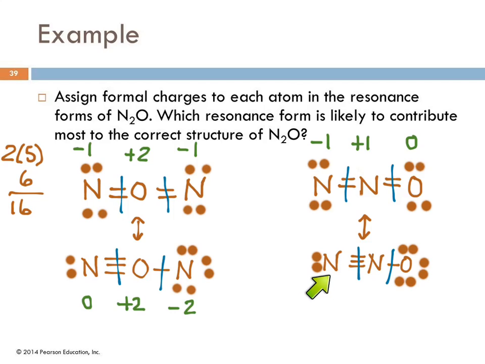Nitrogen had 5. How many does it have in this? It's got 5. So its formal charge is 0. 5 minus 5 is 0. 5 valence electrons minus how many does it own? 4, right? 5 minus 4, that's +1. This oxygen, 6 minus 7 is -1. Any questions about the formal charges?